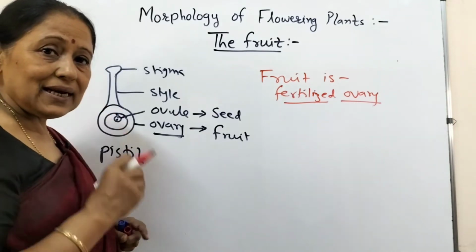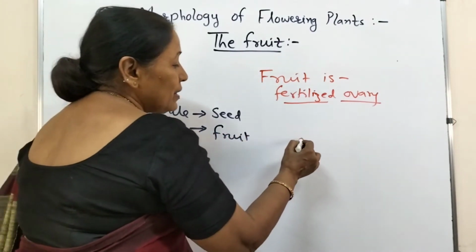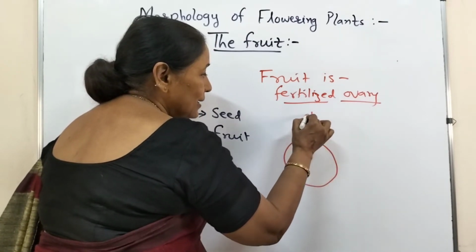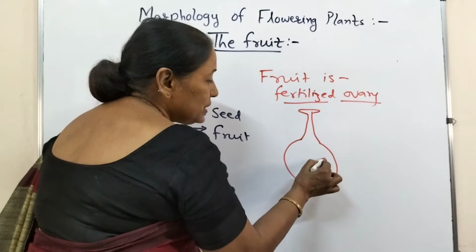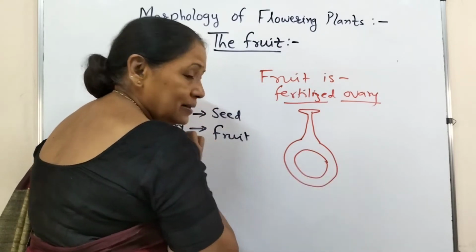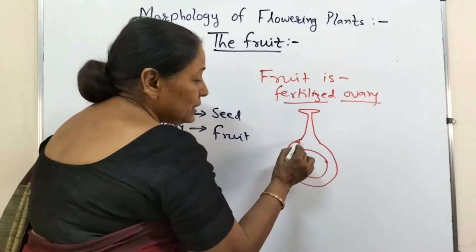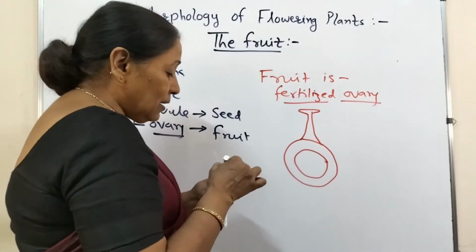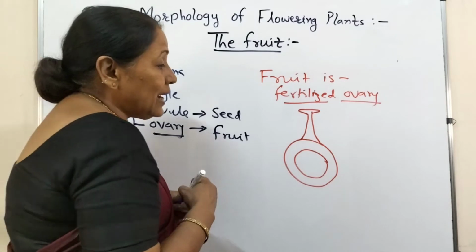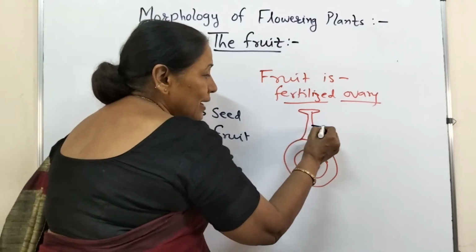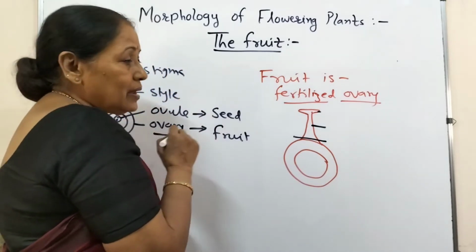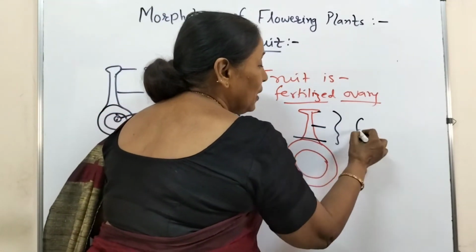One more post-fertilization change is that this is the ovary, and this is style, and this is stigma. Now, this ovary has ovary wall. This is the wall of the ovary. What happens after fertilization? This style and this stigma fall off.